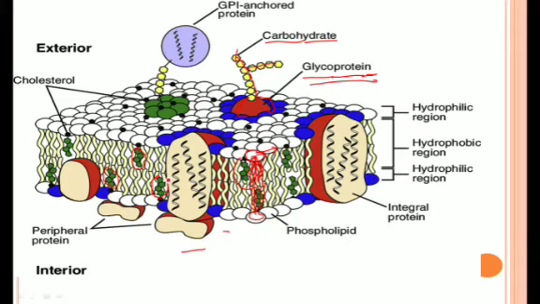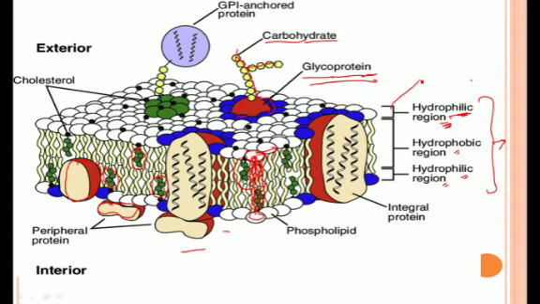This structure is a peripheral protein, and this structure is an integral protein. You can classify this in this portion also. This is a hydrophilic region, a hydrophobic region, a hydrophilic region. The region is completely divided into two types, hydrophobic and hydrophilic.